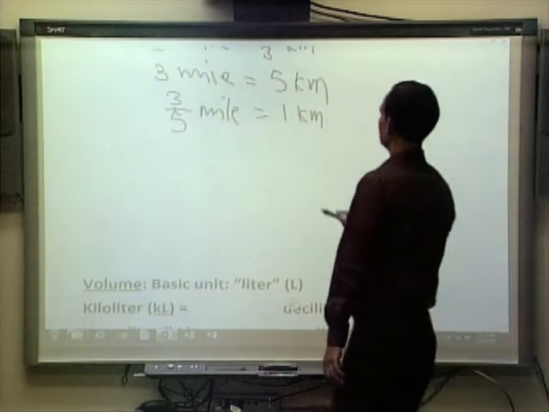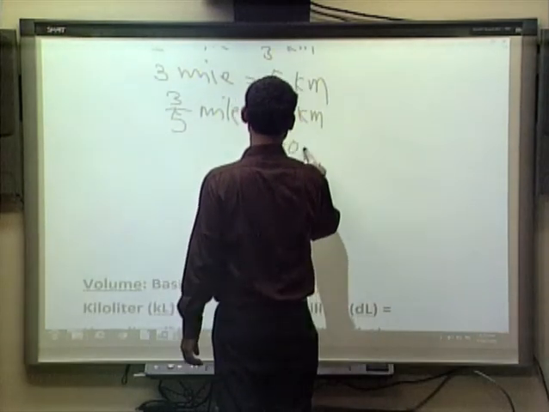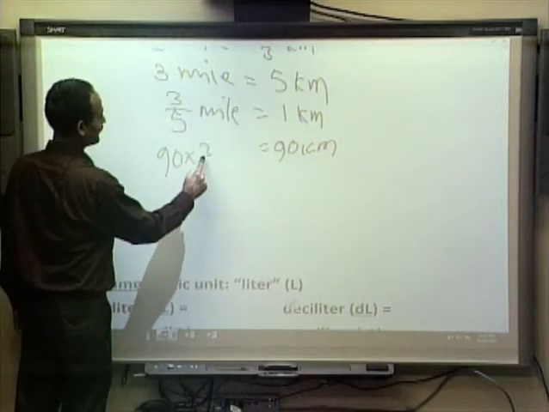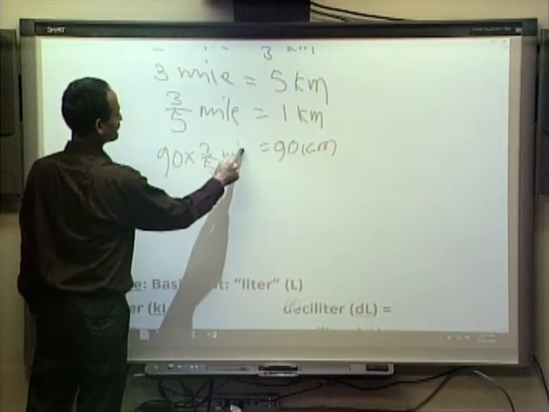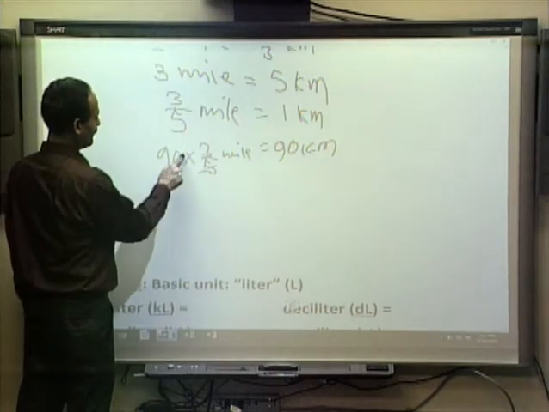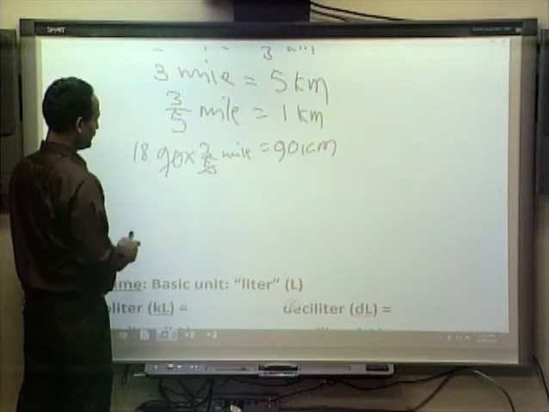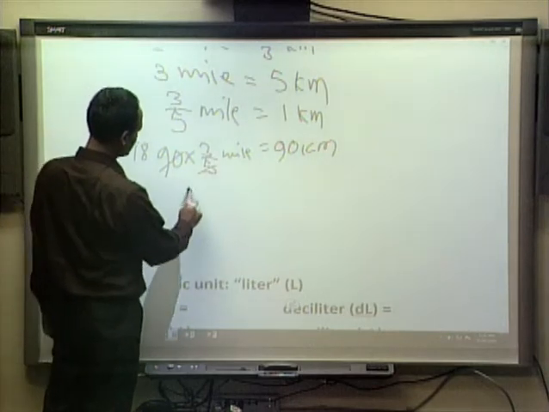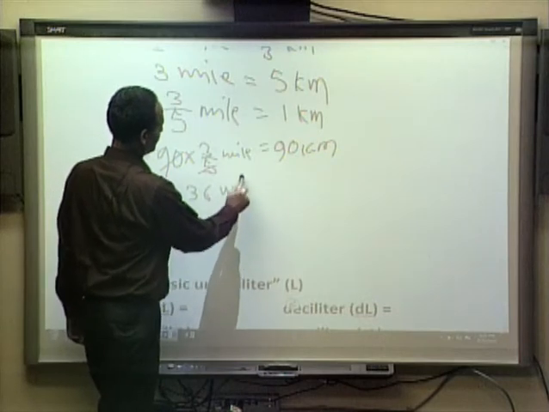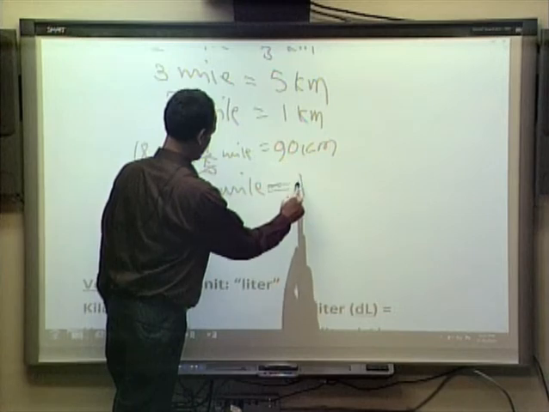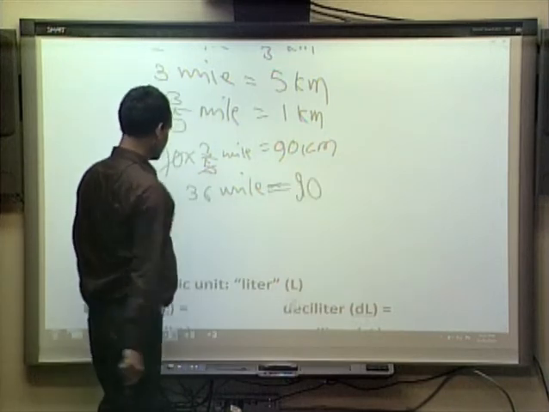That means 90 kilometer is nothing more than 90 times 3/5 of a mile. 90 times 3/5, 90 divided by 5 is 18, 18 times 3. So, this will be 54 mile. 90 kilometer is same thing as 54 mile.